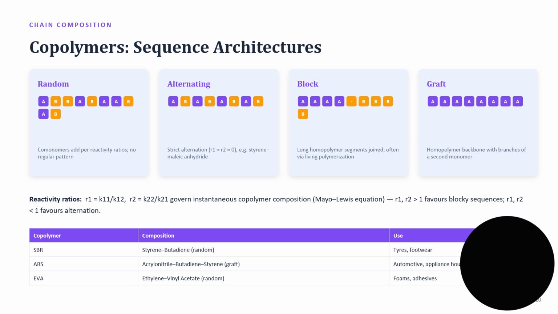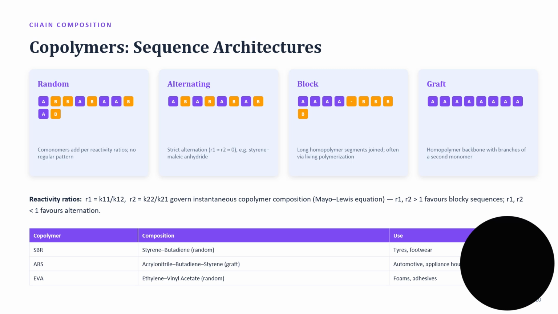Alternating copolymers show strict ABABAB alternation. This happens when the reactivity ratios r1 and r2 are both close to zero, meaning each radical strongly prefers to react with the other monomer rather than its own type.